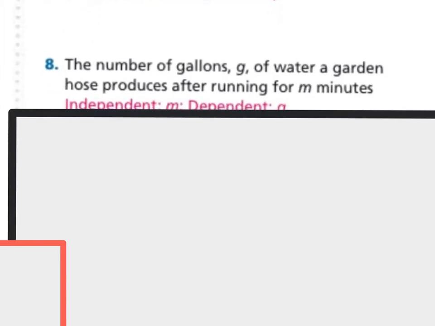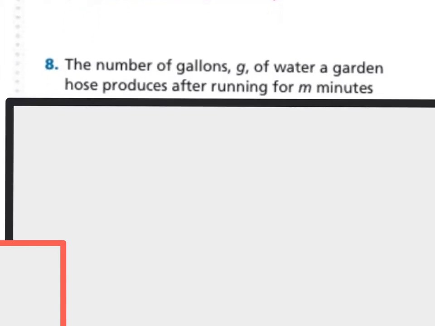So number 8, number of gallons G of water a garden hose produces after running for M minutes. So we could say, does the number of gallons of water depend on how many minutes the hose has been running, or does the number of minutes the hose has been running depend on the number of gallons of water the hose produces?